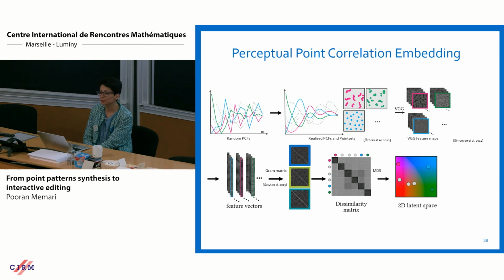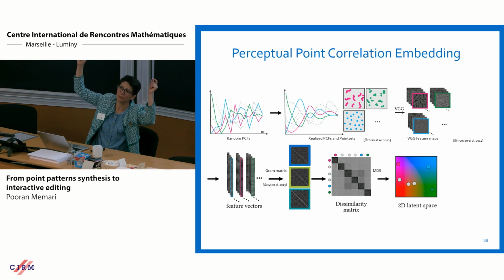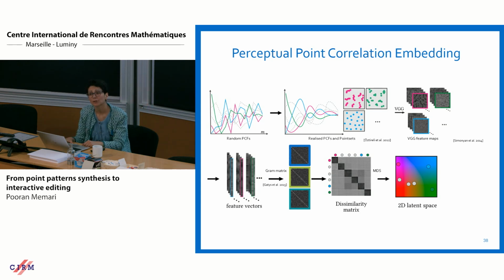The idea is to say that this space of correlations is embedded in this two-dimensional space. So we did our best to preserve the distances between two different correlations in that weird space of correlations, so that the corresponding 2D distance matches nicely enough the distances between them, based on these VGG 19 features.